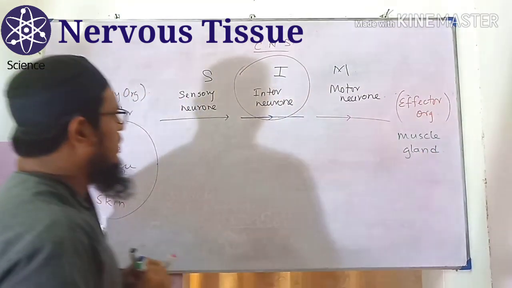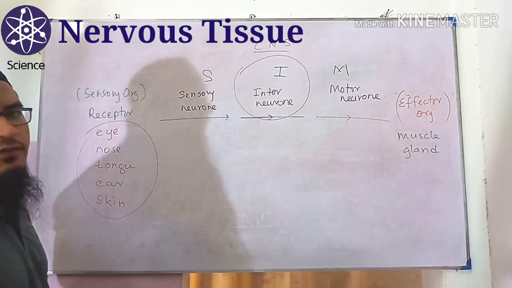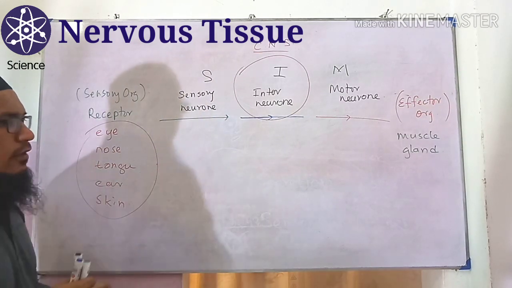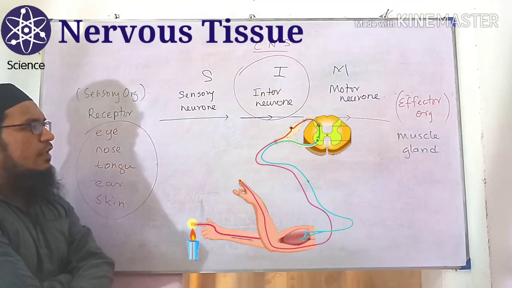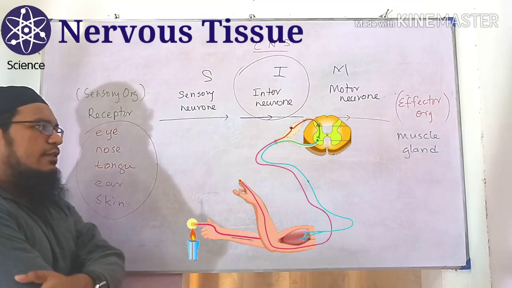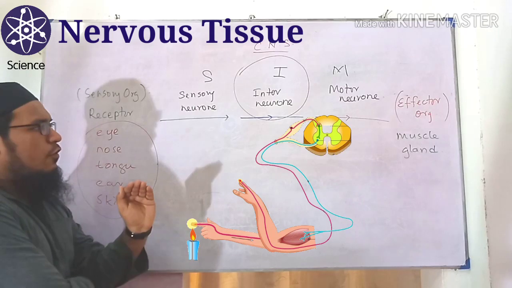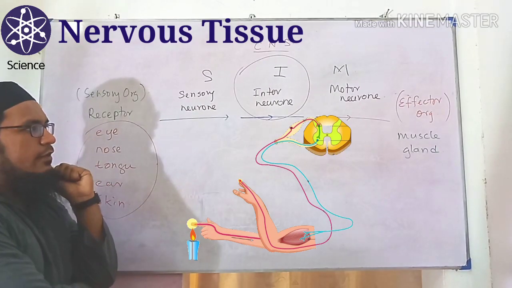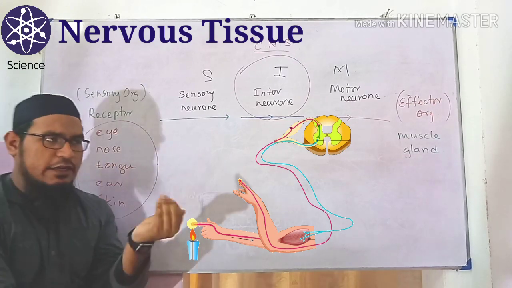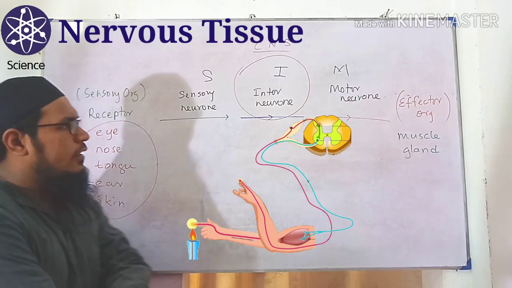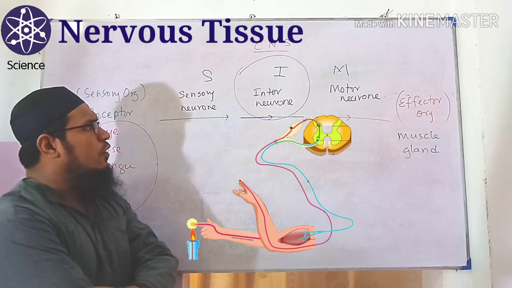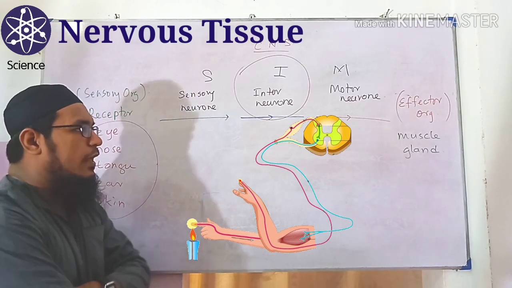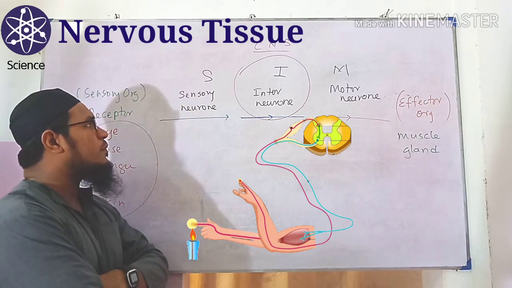So here you can understand with an example. Now let's say there is a candle. Let's say that you touch the candle flame with the hand. What will happen? Immediately you will take the hand away. We studied that under irritability and coordination. So in this case, what happens when you place the hand in the flame?